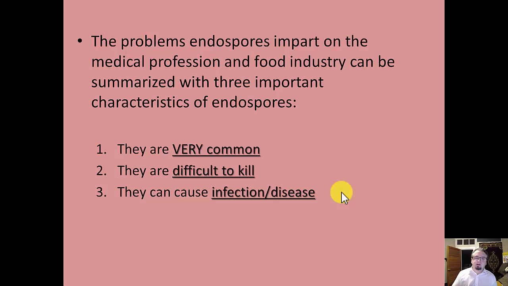Even tetanus is another example. So they're capable of some pretty nasty diseases, not to mention all the food spoilage that would occur from a much wider variety of species. So for those three reasons, they're very significant. They always have to be accounted for, and they always have to be assumed to be present. So when you're canning food and things like that, you have to go through the right measures to get rid of them.